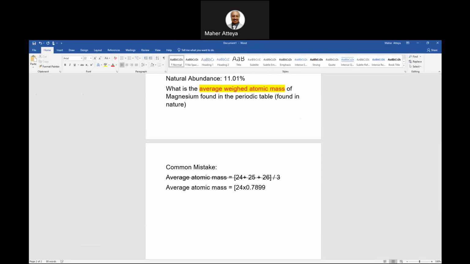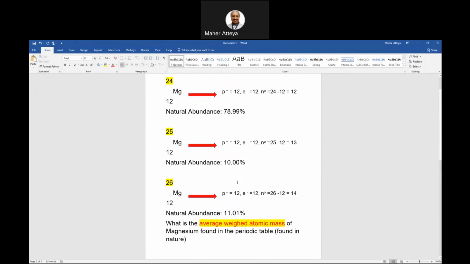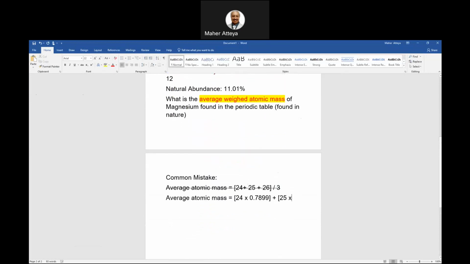So you have to divide this one by 100. This is multiplied by 24, plus the 25 multiplied by 10.00, which is 0.1000, plus the 26 multiplied by 11.01 divided by 100.